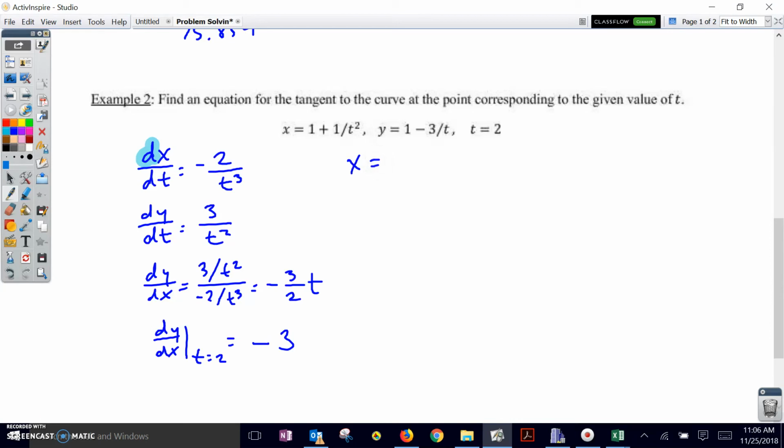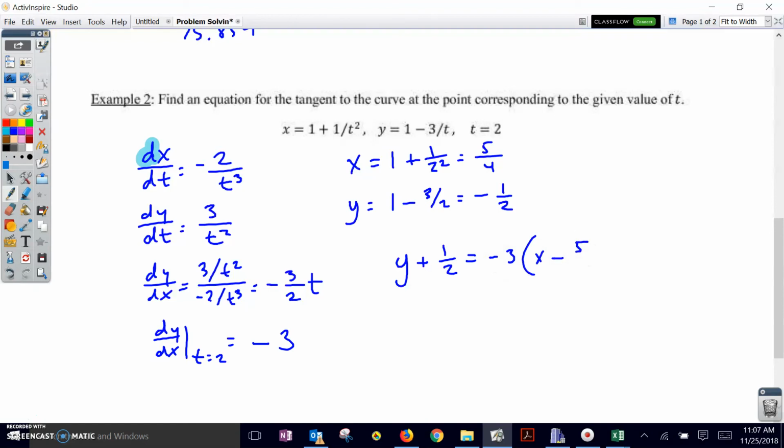The x-coordinate is going to be 1 plus 1 over 2 squared, which is 5/4. The y-coordinate is going to be 1 minus 3 over 2, or negative 1/2. And so the equation for the tangent line is going to be y plus 1/2 equals negative 3 times the quantity x minus 5/4.